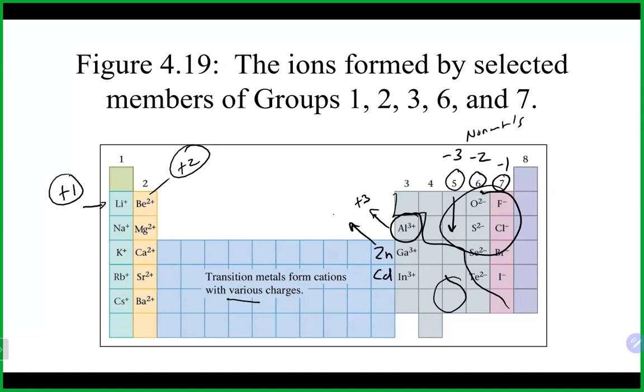These guys will have a fixed charge of +2, both of them. And if you hang a left at cadmium, you'll hit silver. Silver is +1. So even though those 3 are transition metals, they will actually have fixed charges. Cadmium and zinc being +2, and again, hanging a left there, silver going to be a +1.